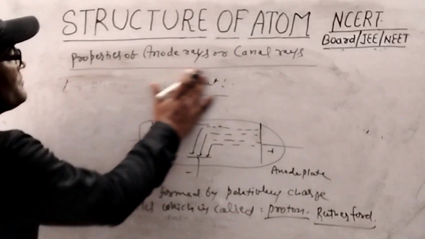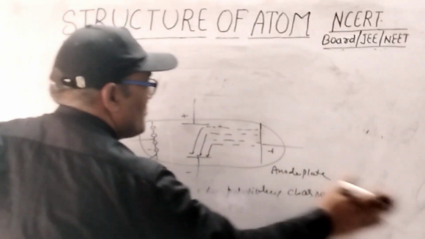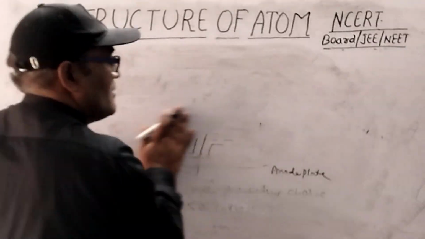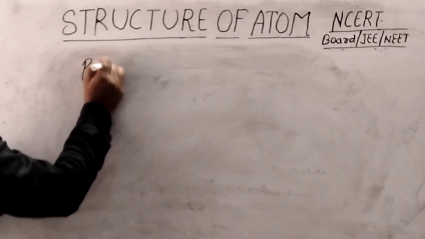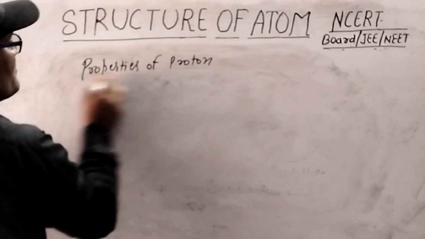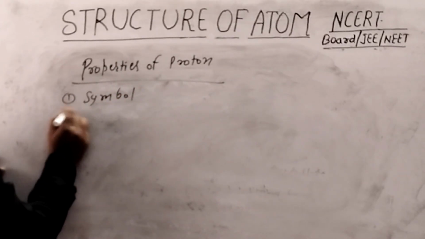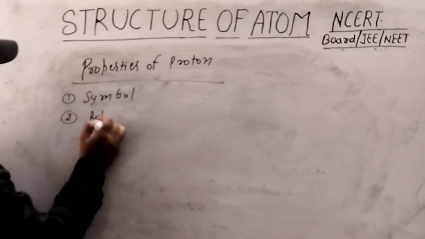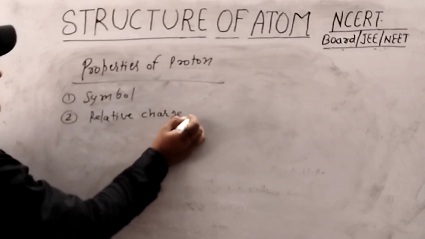Now we will discuss the properties of protons. Properties of proton. First property, symbol. Second property, relative charge.